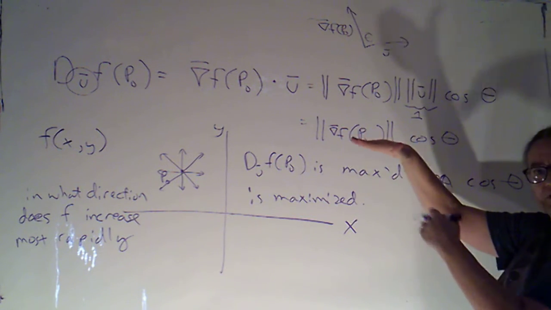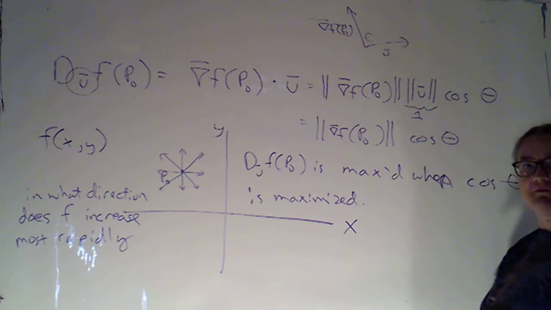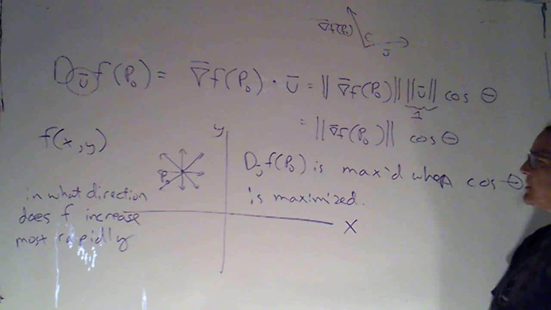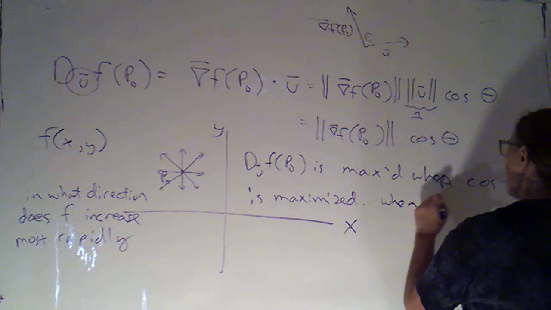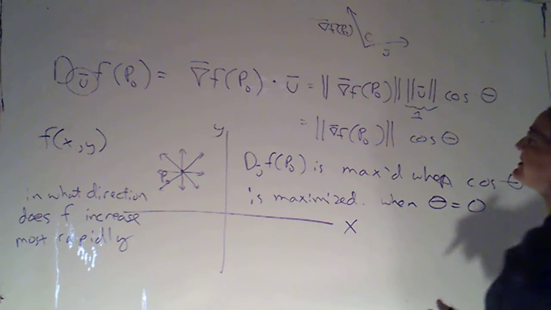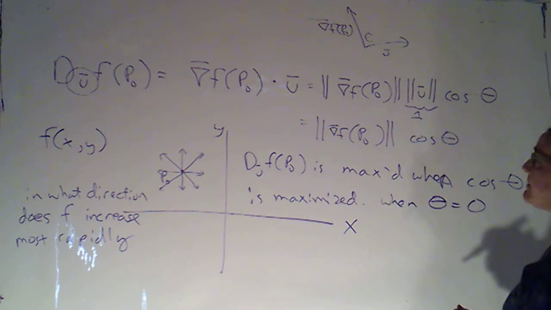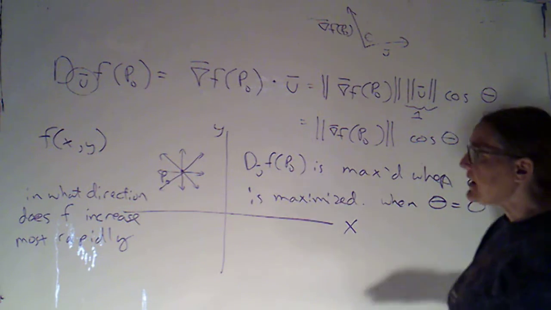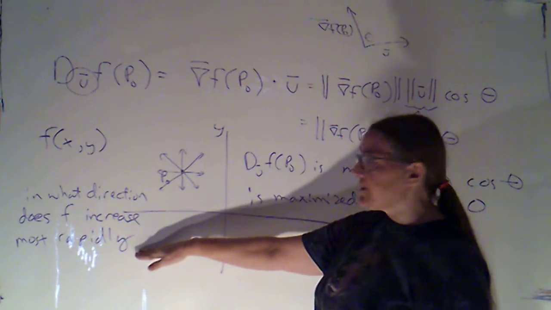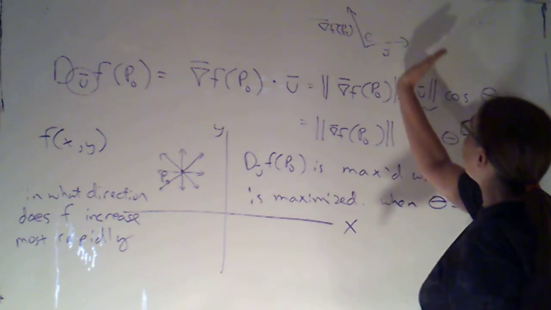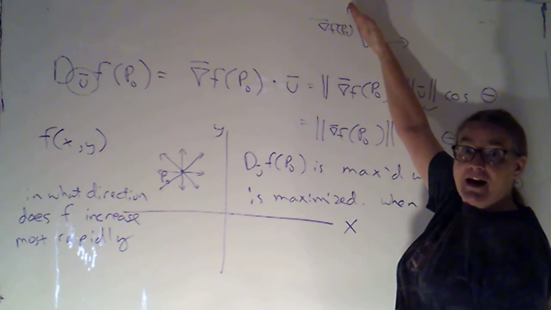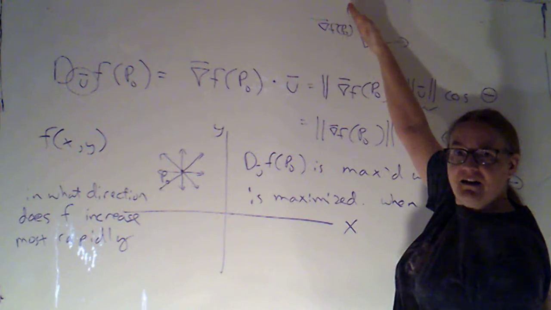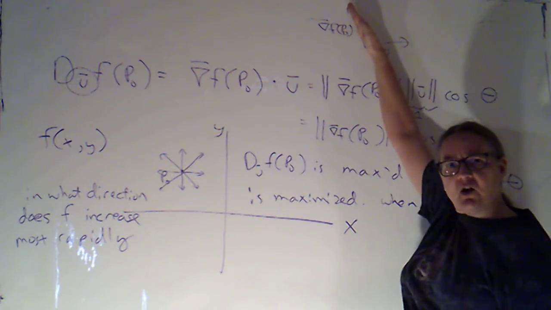For a regular cosine function, that occurs infinitely often. If I'm restricting theta to be between 0 and pi, this is when theta is equal to 0. So I'm going to have that f will increase most rapidly if I choose U to point in the direction of the gradient. This is kind of cool.